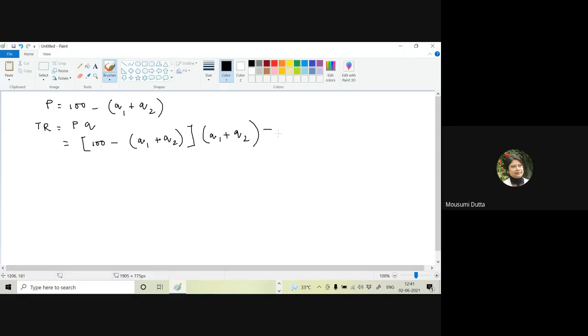Minus C1, which is 2Q1 squared. And what is C2? 3Q2 squared. So this is Pi.